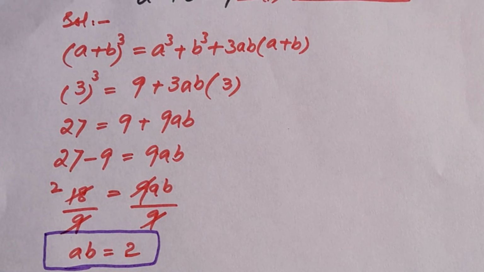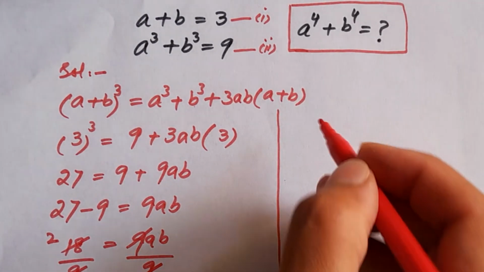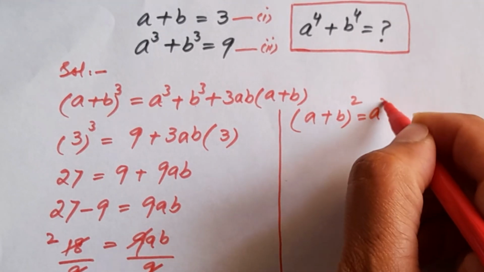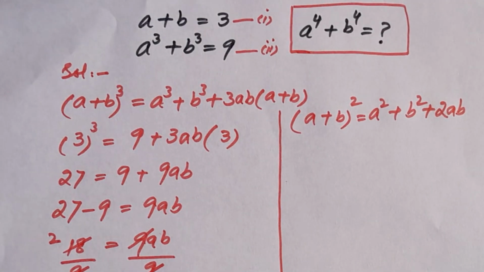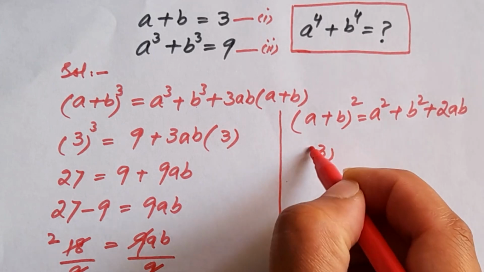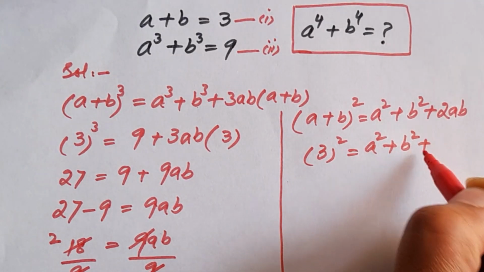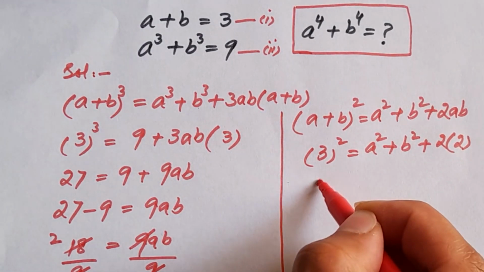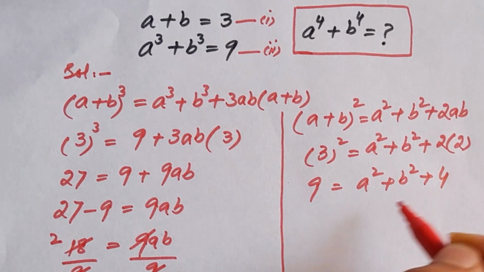We are going to use another formula, a plus b whole square, which is equal to a square plus b square plus 2ab. We know the value of a plus b from equation 1, which is equal to 3. 3 square is equal to a square plus b square as it is, plus 2 and ab is equal to 2, so 2 times 2. 3 square is equal to 9, a square plus b square plus 2 times 2 is 4.